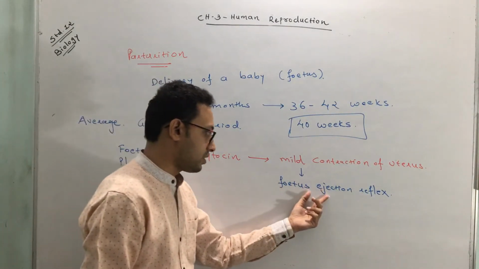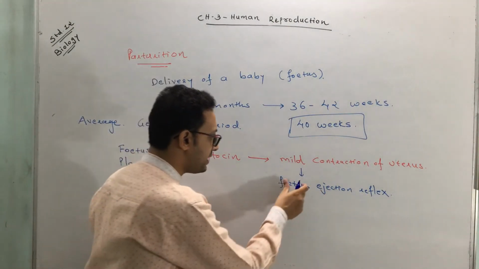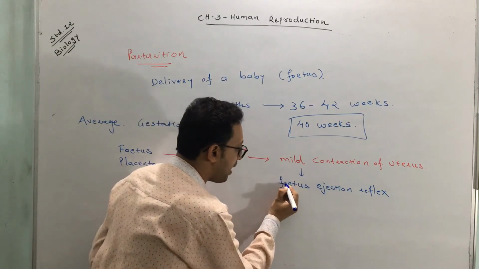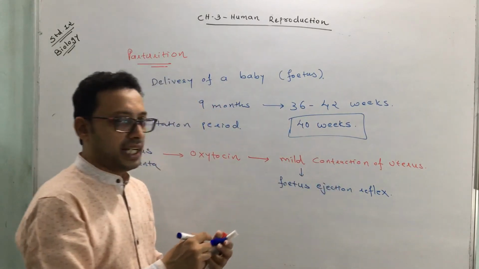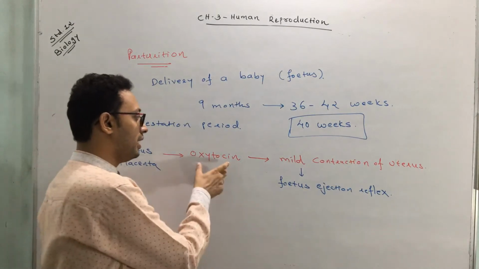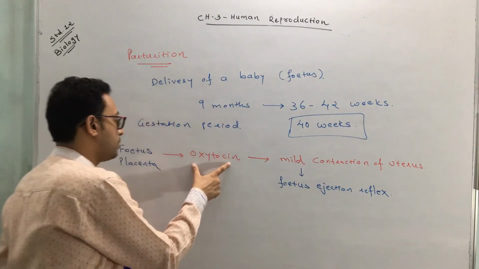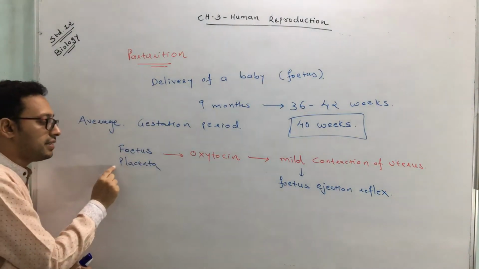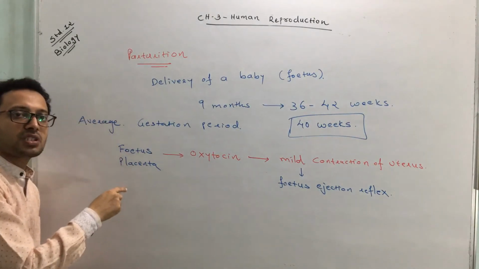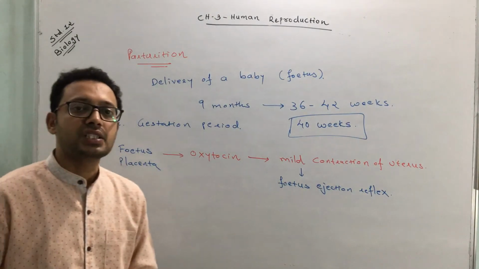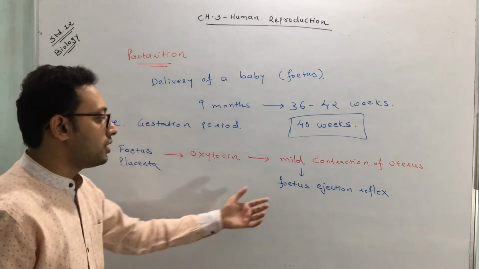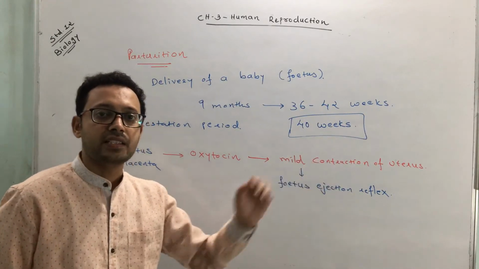So what is the fetus ejection reflex? It means a mild contraction of the uterus has been started by the release of a small quantity of oxytocin from the fetus and the placenta, and this process occurs when there is full development of a baby. Thus the fetus ejection reflex is initiated.